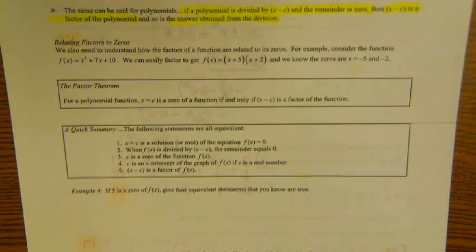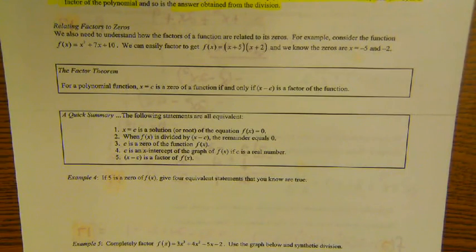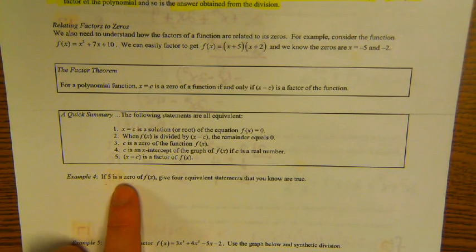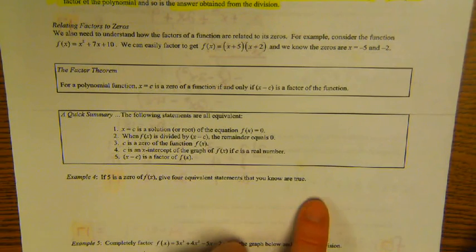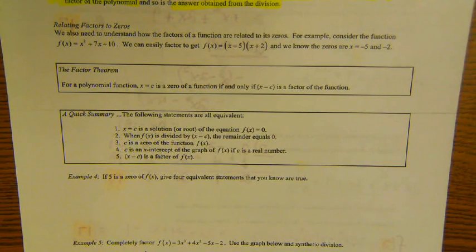So, example 4, if I told you, if 5 is a 0 of f of x, can you give me 4 equivalent statements that you know are true? Can somebody give me one?